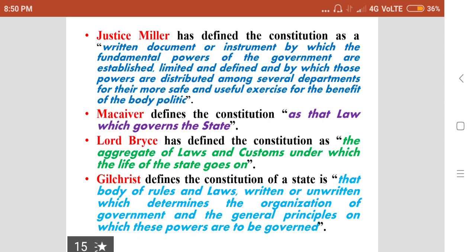McIver defines the Constitution in a simple way. According to him, a constitution is that law which governs the state. Lord Bryce has defined the constitution as the aggregate of laws and customs under which the life of the state goes on.